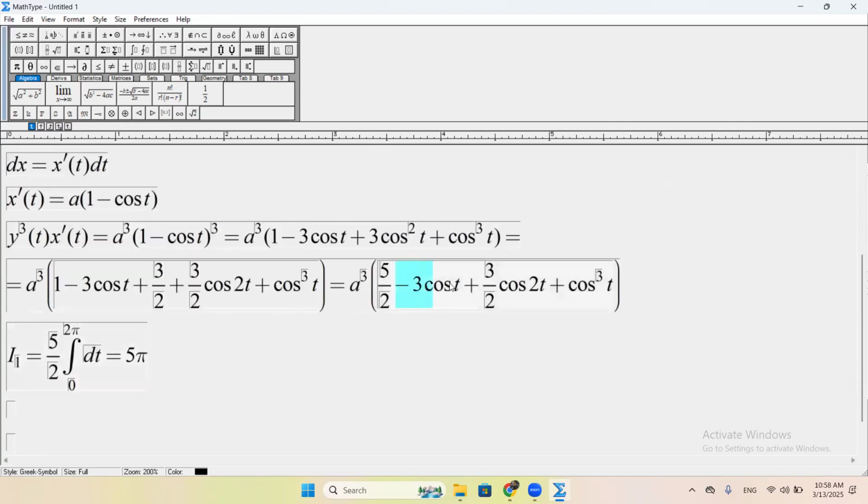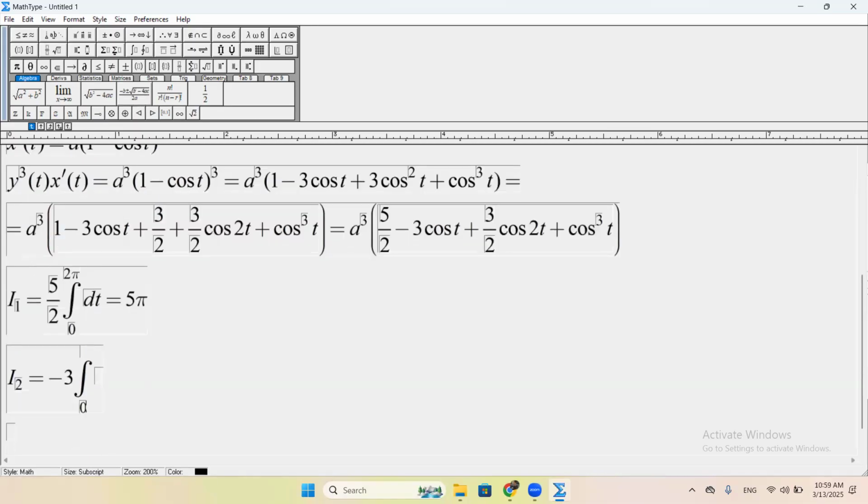Then I2 is equal to minus 3 integral from 0 to 2p of cosine of t dt.